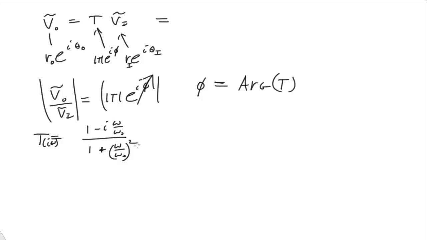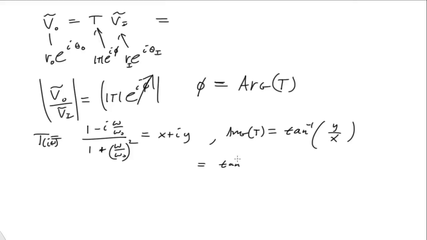So of course what we have to do is remember that if this is equal to x plus i y, we can see the real and imaginary parts, and we know that the argument is going to be equal to the inverse tangent of y over x. All right, so let's write down what that is. That's going to be inverse tangent, and we see our y value sitting there.